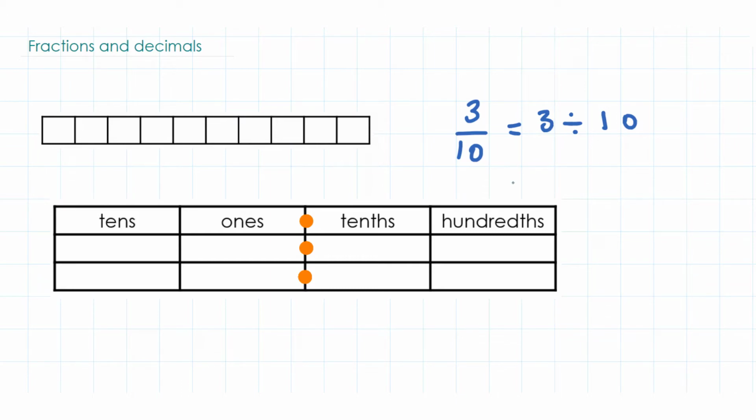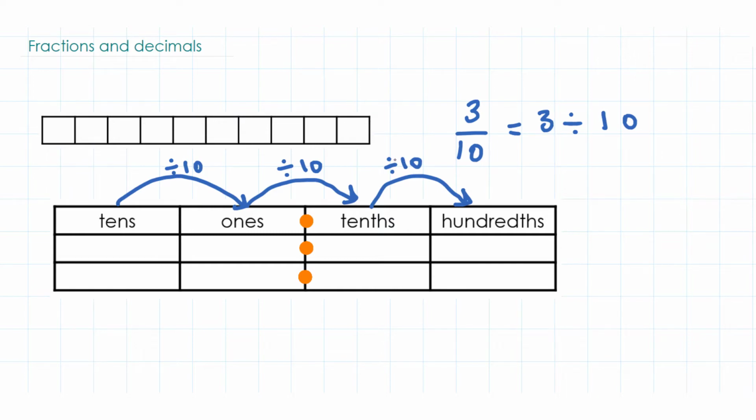It tells us what to do, because if you look at our place value chart here, what do we notice? 10 divided by 10 equals 1, and 1 divided by 10 equals a tenth, and a tenth divided by 10 equals a hundredth, and so on.